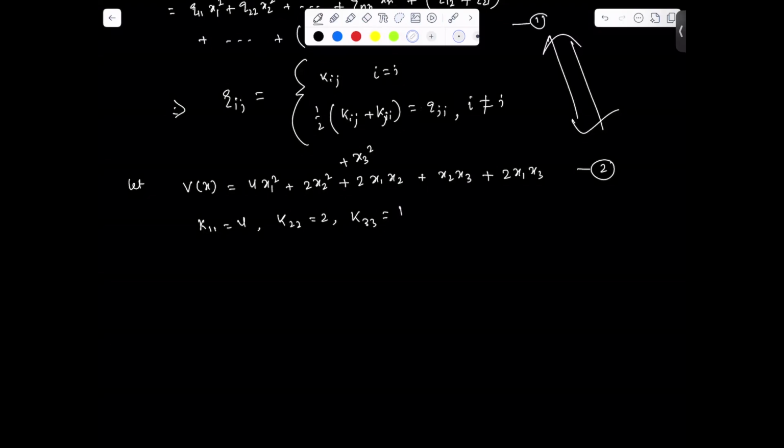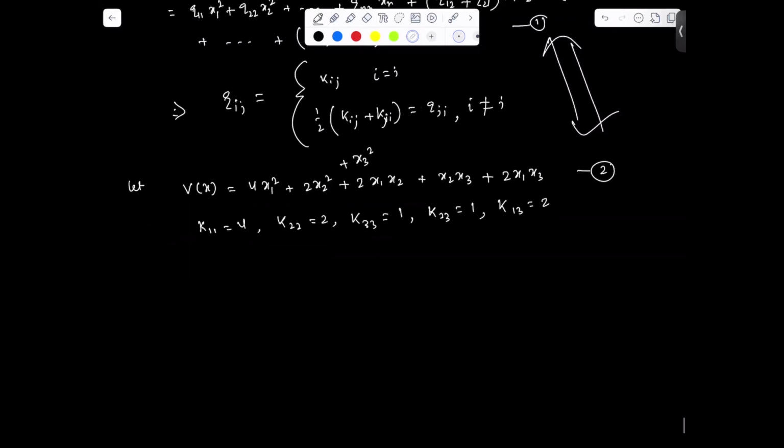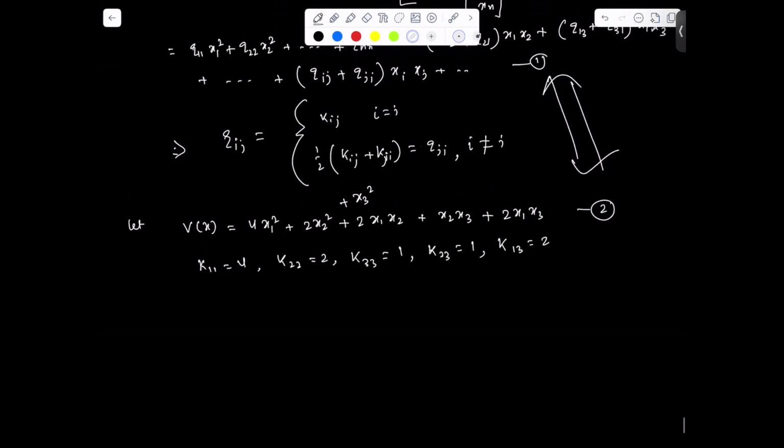K33 is 1 and K23 equal to 1, and K13 equal to 2.